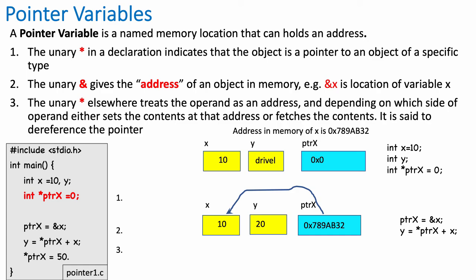Now point 3, the unary star, anywhere else other than the declaration, treats the operand as an address, and then depending on which side of the assignment it is on, either sets the contents at that address or fetches the contents. What do I mean?